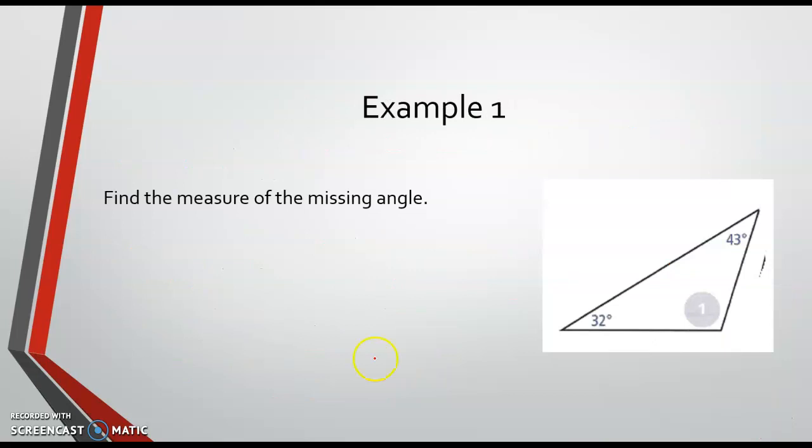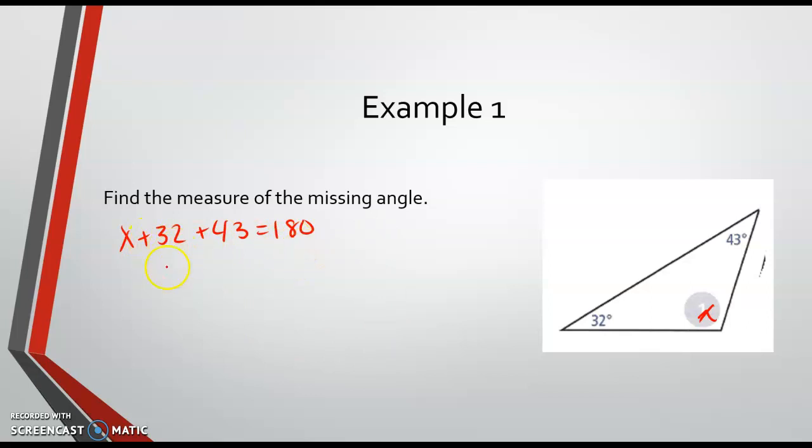Let's actually use this to find some angles. So here we have this angle 1 right here. I'm going to call it x. And so I know that x plus 32 plus 43 is going to equal 180 degrees. And yes, you could do the simple thing, add 32 and 43, and then subtract from 180. That's fine. I'm going to continue setting this up because this equation is going to help us when we get expressions into our mix.